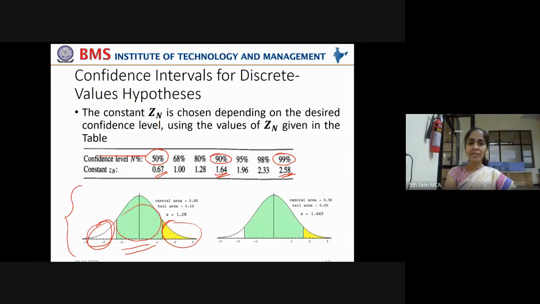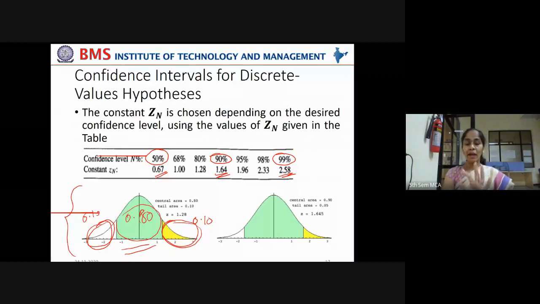On these tails, it is taken as 0.10 on this side and 0.10 on this side, and in the middle it is 0.80. Total it will become 1. Did you notice? 0.10 plus 0.80 plus 0.10, total it is becoming 1.